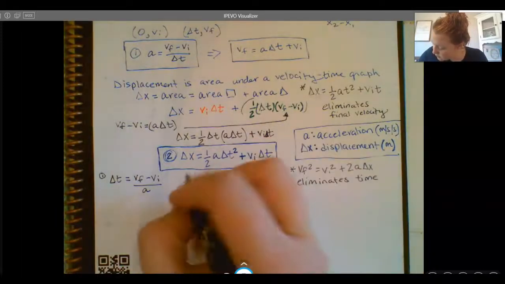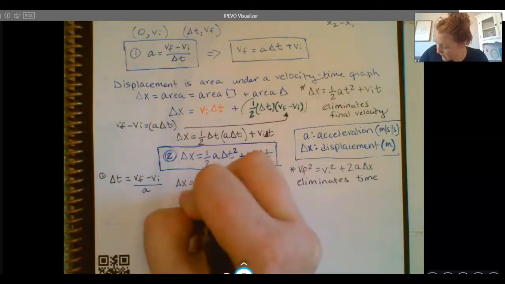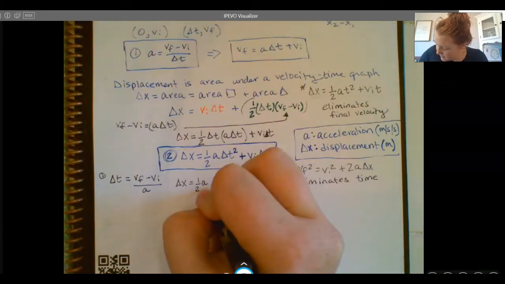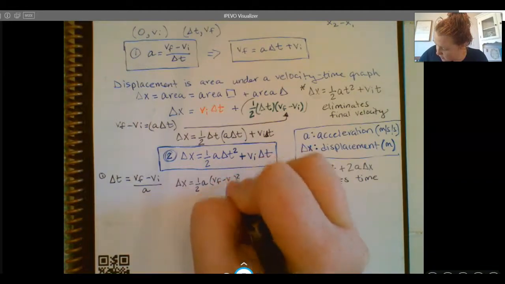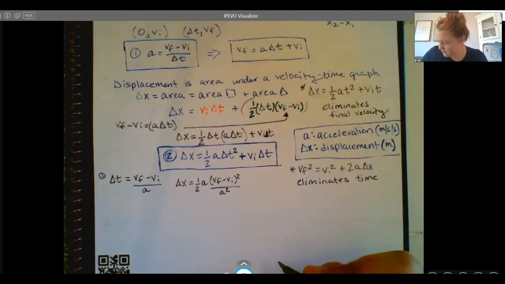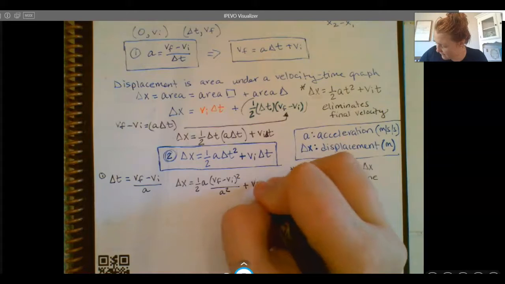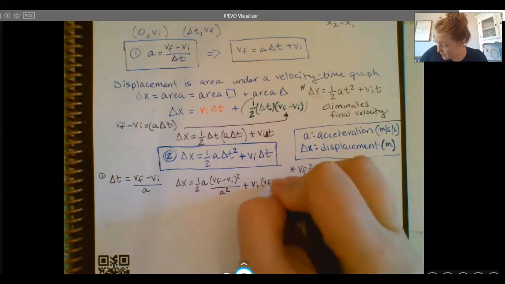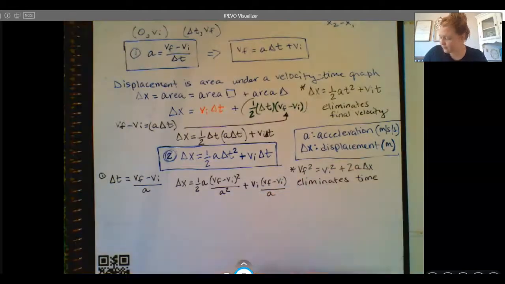So delta x equals 1/2 a delta t squared. That's going to be VF minus VI squared over a squared. I just squared this term, plus VI times VF minus VI over A. Okay, now we need to simplify.